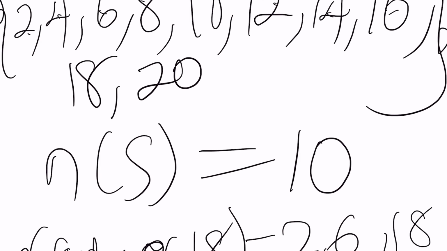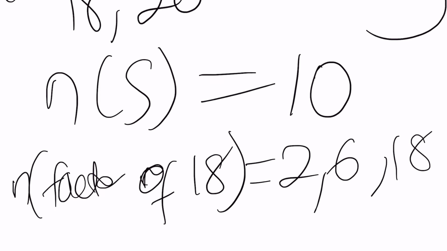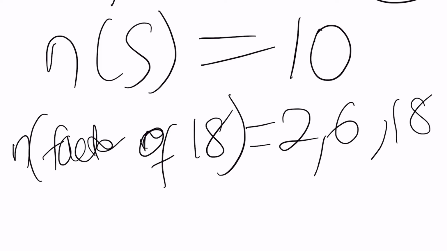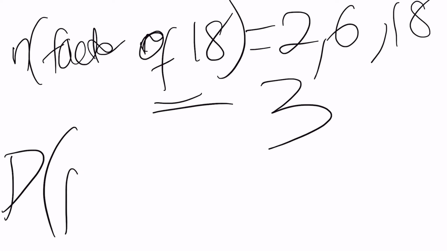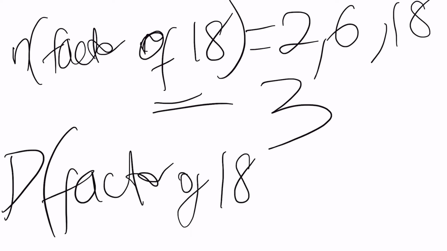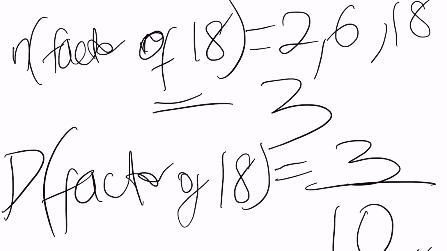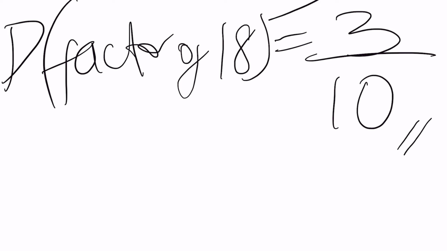In these numbers, 2, 6, and 18 can easily go into 18, which shows that the number of numbers that are factors of 18 is 3. So the probability of a factor of 18 is 3 over 10.